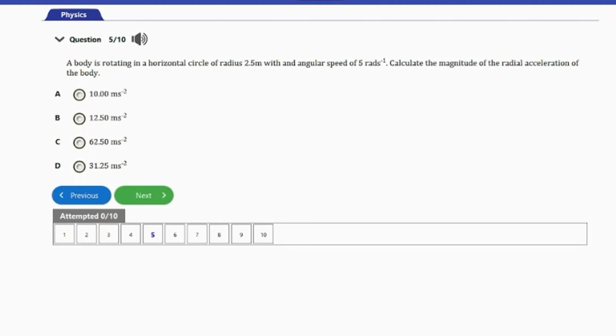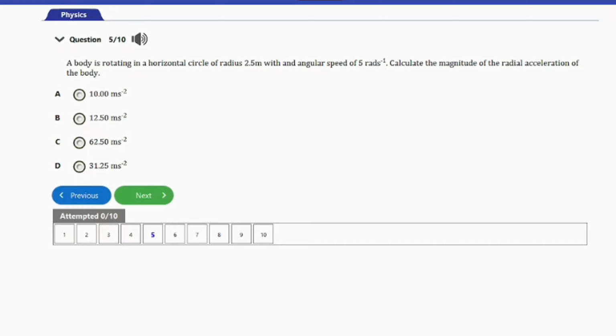The radial acceleration is ω²r, where ω is the angular speed and r is the radius of the path. ω² is 5², which is 25. Multiplying 25 by 2.5, we get 62.5 meters per second squared, and that's the radial acceleration. That's option C, and that's it for this question.